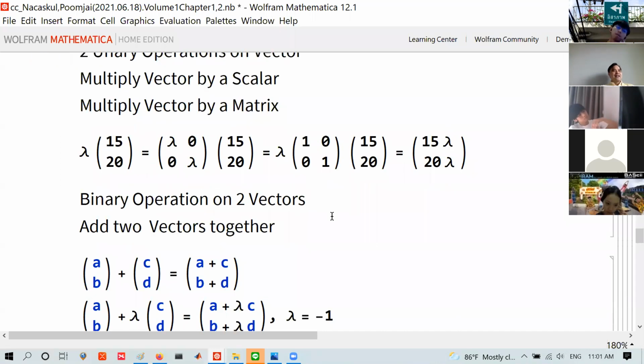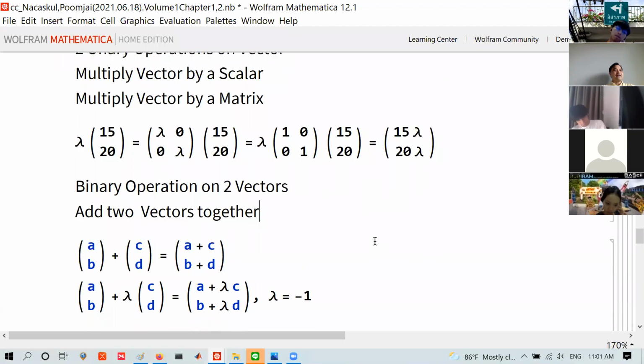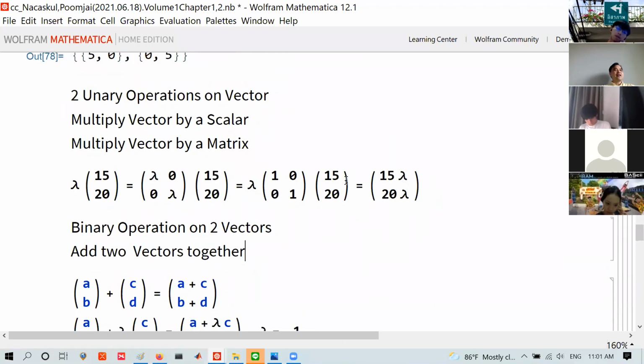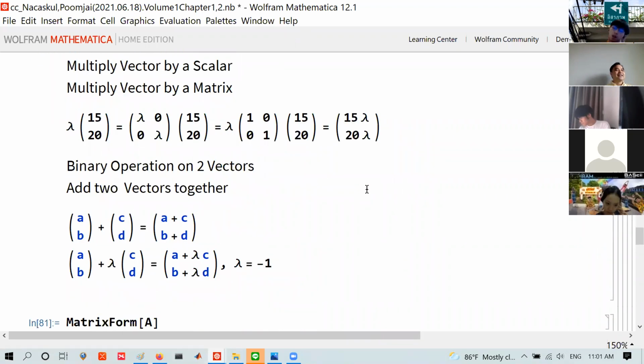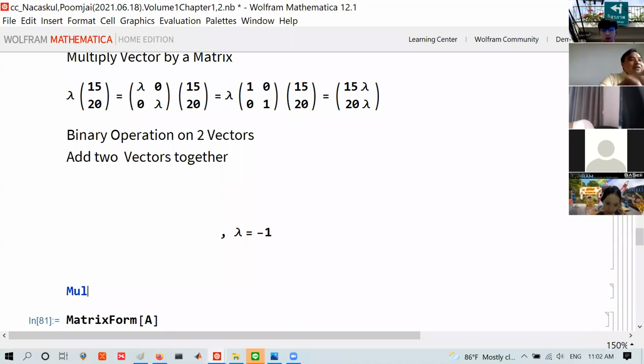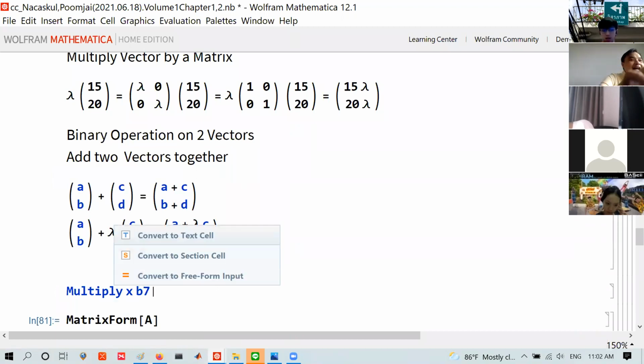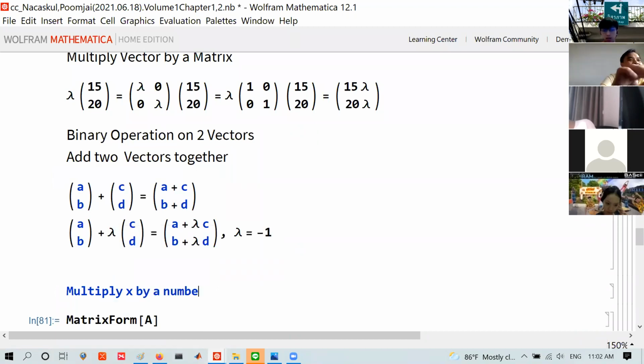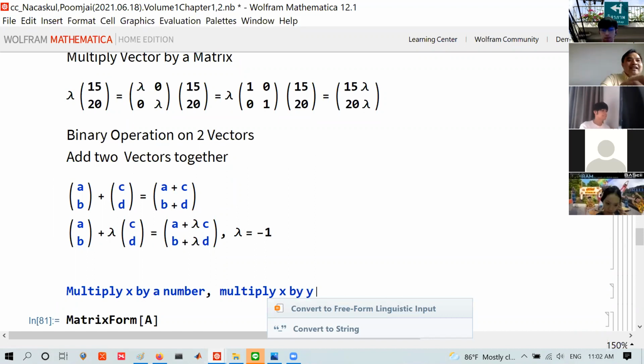Now, any of you are becoming suspicious that we are missing something? Anybody? Well, in high school algebra, what can you do? You can multiply x by a number. You can multiply x by y.